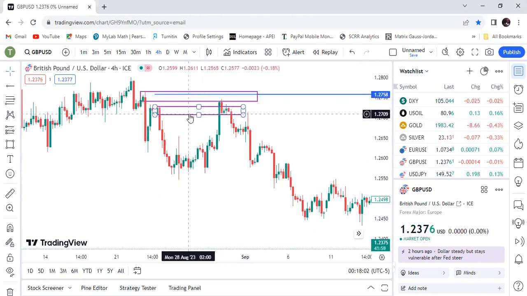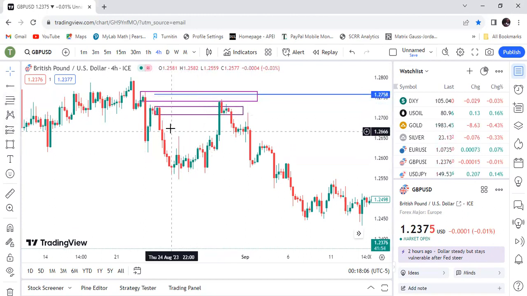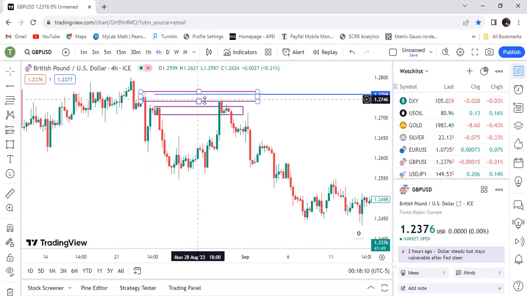When we have two bearish or bullish engulfing patterns closely together, the price will tend to jump all the way to the upper engulfing, or the supply zone.